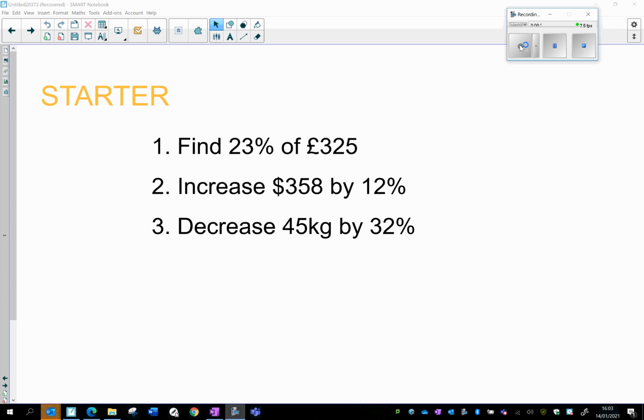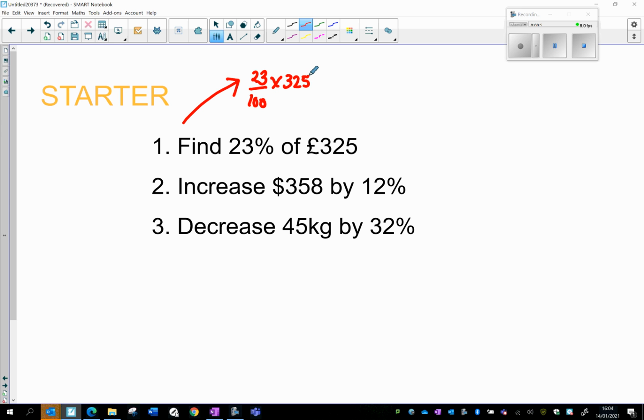If you want to find 23% of 325, up to you how you do it. One way of doing it is to think of 23% as 23 over 100. So then do 23 over 100 times 325. Okay, so type exactly that into your calculator. Another way of doing it is to think of 23% as 0.23, and we're going to be doing more on this later.